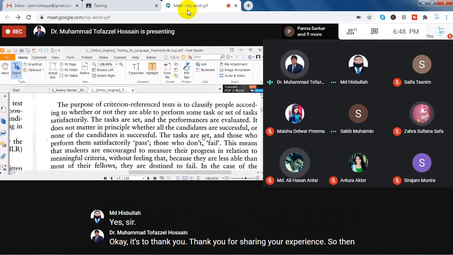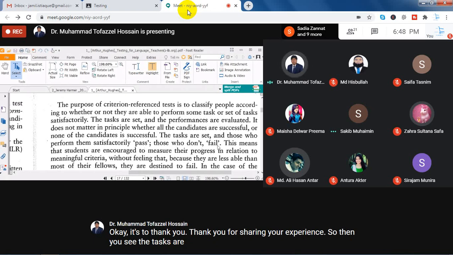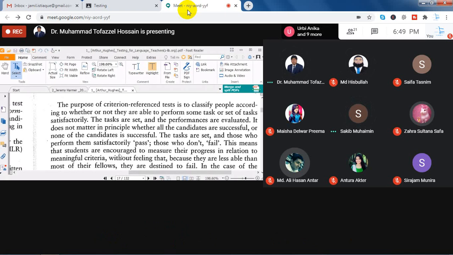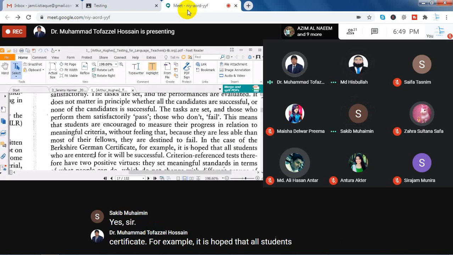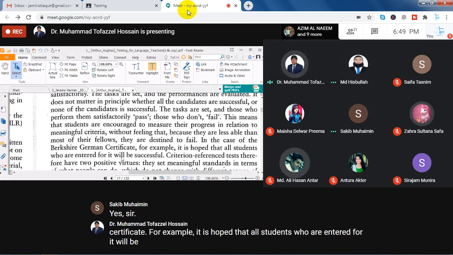So then you see the tasks are set and those who perform them satisfactorily pass. Those who don't fail. This means that students are encouraged to measure their progress in relation to meaningful criteria. In the case of the Berkshire German certificate, for example, it is hoped that all students who are entered for it will be successful.